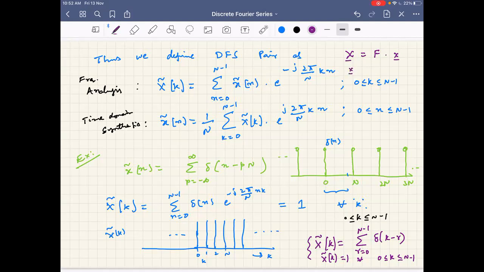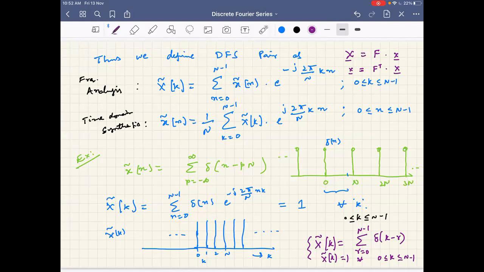Similarly, you can write x bar is equal to F inverse, which only becomes F transpose. In fact, F inverse is the same as F transpose because of some property. What property, you can figure out, of these complex exponentials. You can write this whole thing in matrix form. K equal to 0 to n.